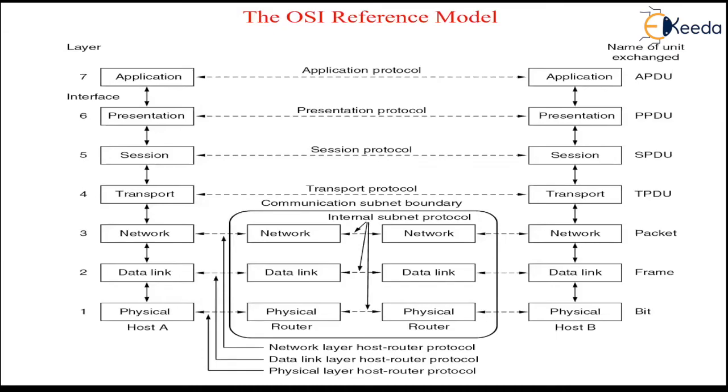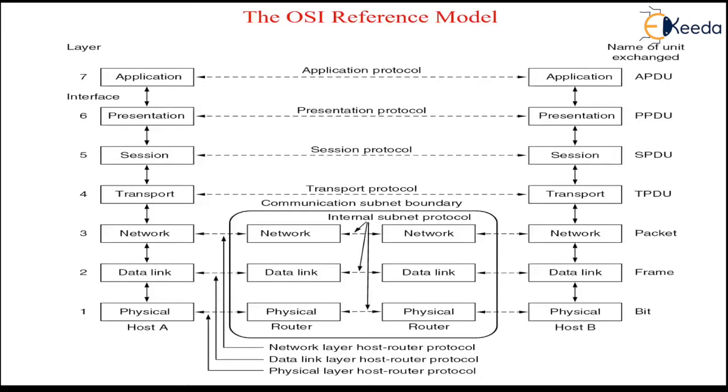The next example is file transfer, access, and management. The application allows a user to access files in a remote host. It also allows the user to retrieve files from the remote computer for use in the local computer, and to manage or control files in a remote computer locally.